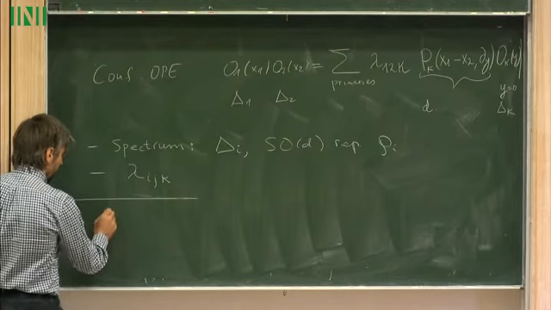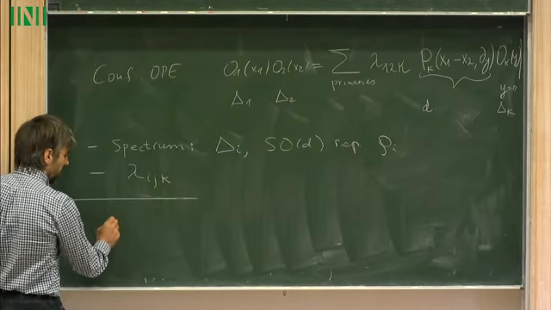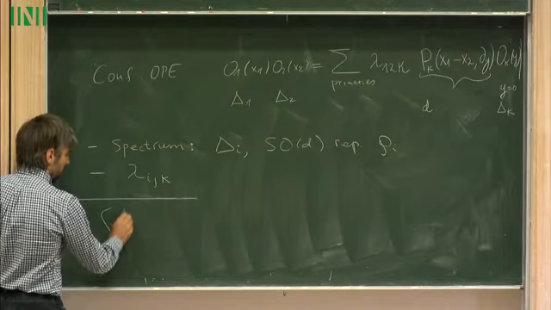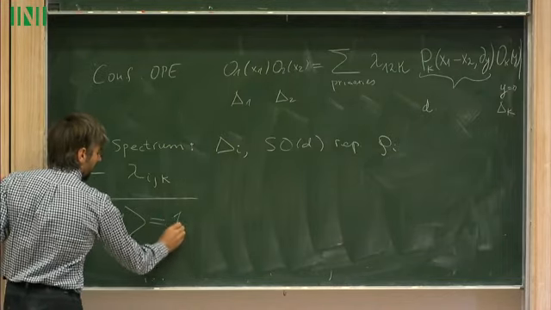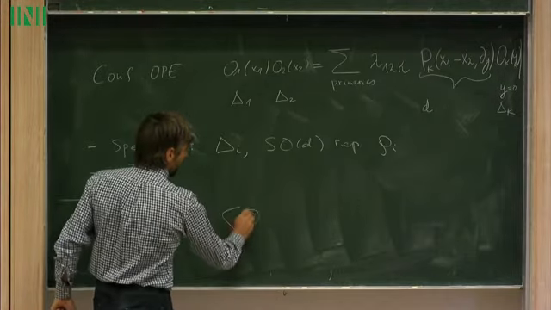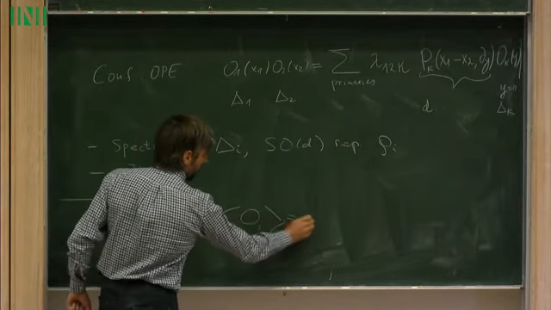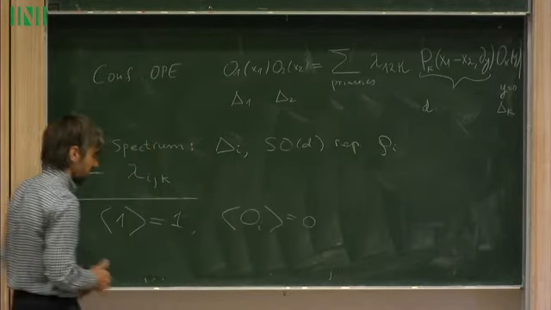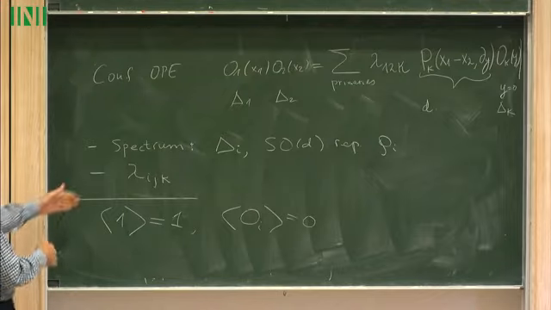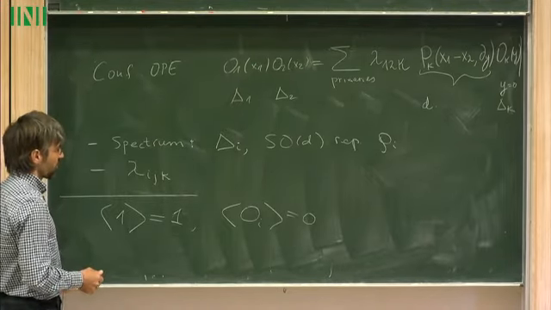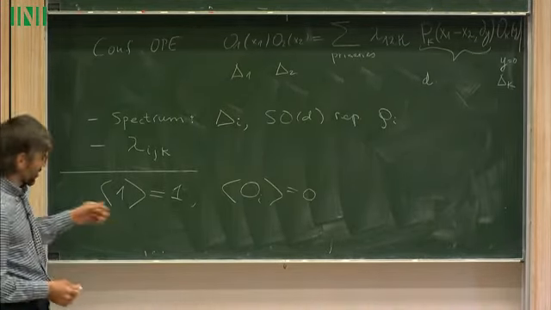You can stop at the level of a one-point function, because the one-point function of the unit operator is 1, and the one-point function of any other operator is 0 for dimensional reasons. Or, if you don't want to go all the way to the one-point function, you can stop at two-point functions.